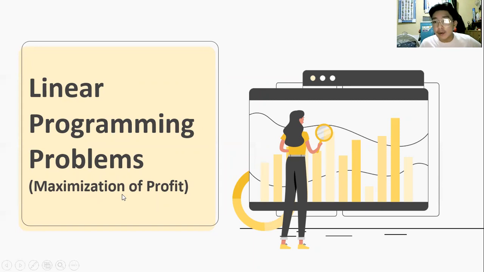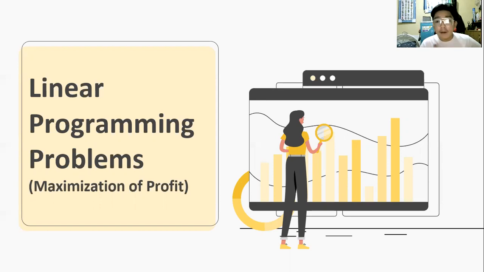So it is applicable in the maximization of profit if a company has two products and also has constraints. If a company has two products and has constraints, then we could use linear programming. For a clearer view, here's an example.